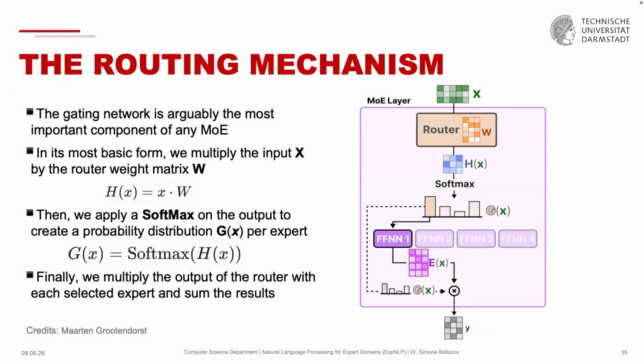So the router and the routing mechanism at its simplest, purest form looks like this. You have your input X, and the router could be just a matrix of weights. So your input gets multiplied by this matrix, and you get an output matrix.